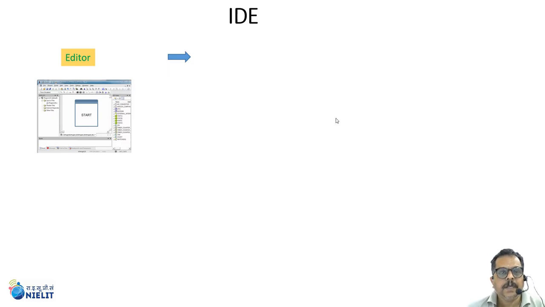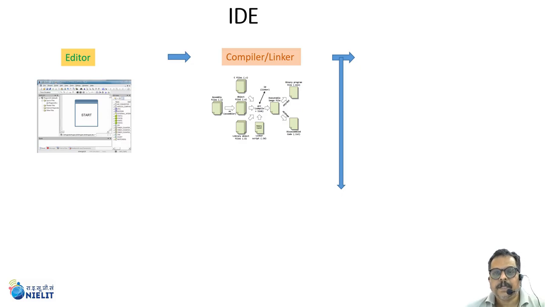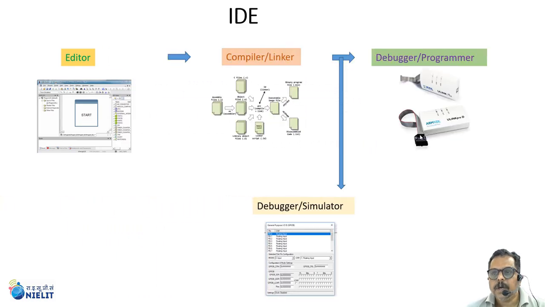After editing or completing our code, the next process is to compile. The compile process can be done with a single instruction or command, GCC. In the case of an IDE, there are keys or buttons for editor, compilation, etc. Next is the debugger.